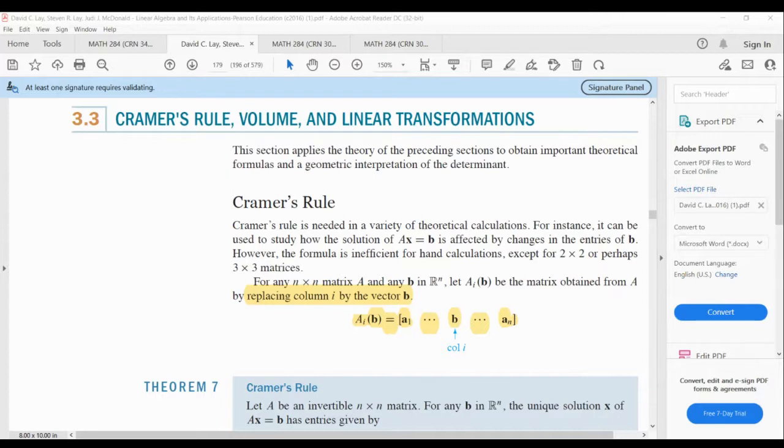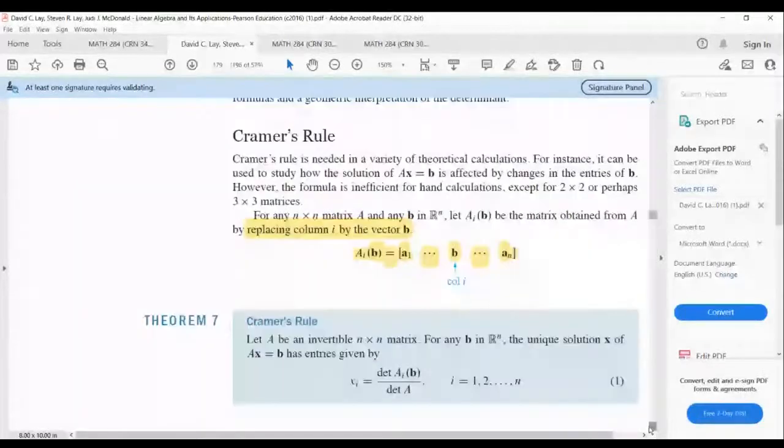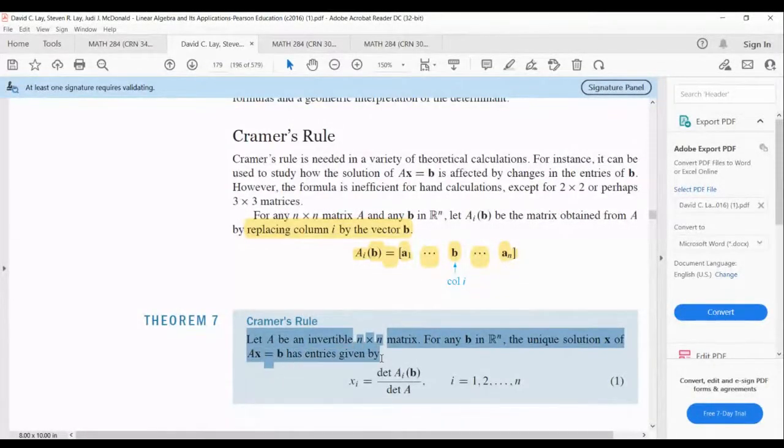Now, if we define that matrix that way, then it turns out Cramer's rule is given here. Of course, the matrix A has to be invertible.